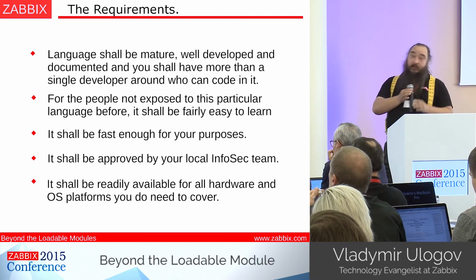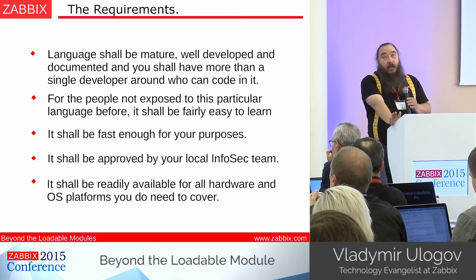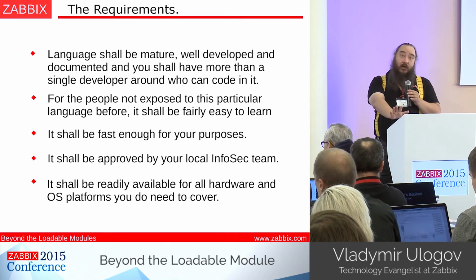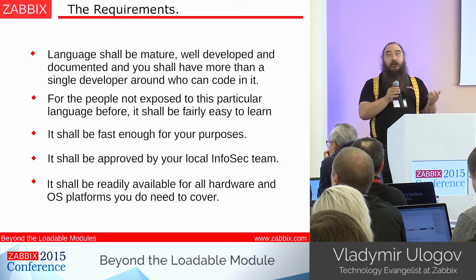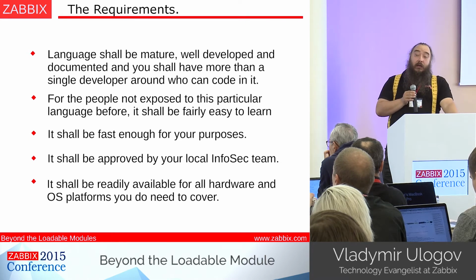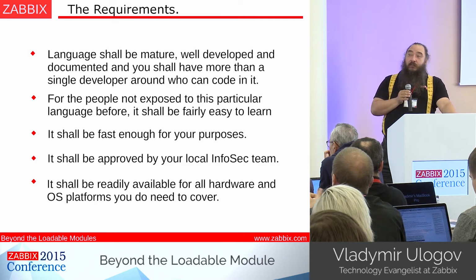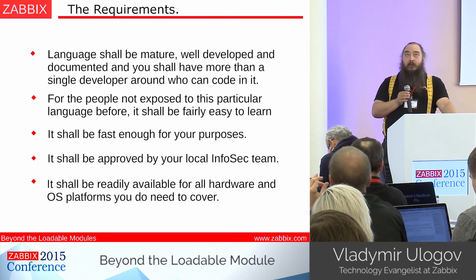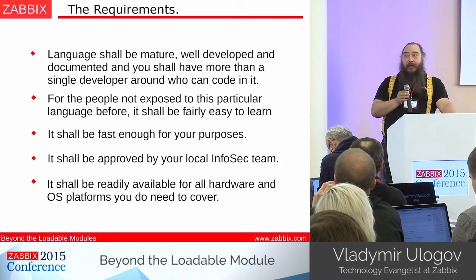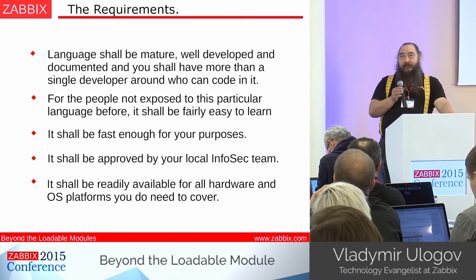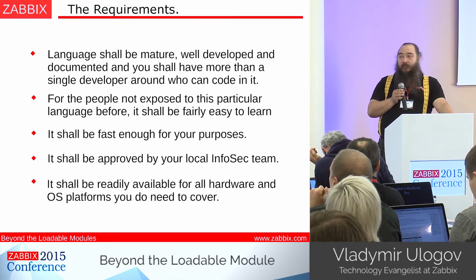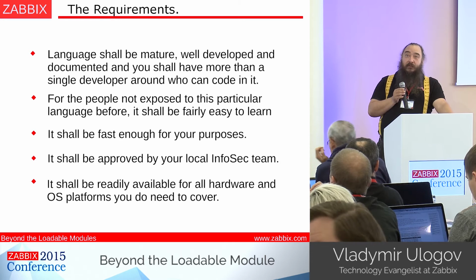The next requirement: the language shall be mature, well developed, documented, and you shall have more than a single person who knows how to code in it. Even if you find a great language for your needs, which helps you collect the metrics you're looking for, if it is not mature, if it's just one of the earlier releases, probably that is not a great idea to use.